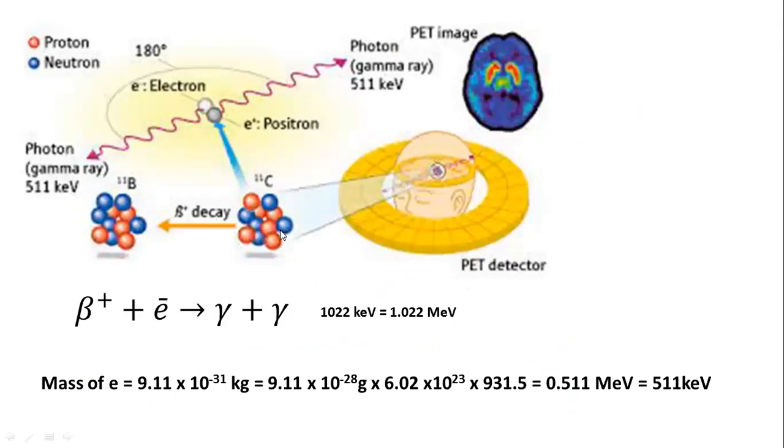And this is another example. This is the parent carbon 11 when it emits the positron. With the positron, there is a decrease in one atomic number, and there is no change in the mass number. The mass number will remain the same with the emission of the positron, and this positive electron will interact with the electron present in the outer shells with the emission of two photons or two gamma rays.